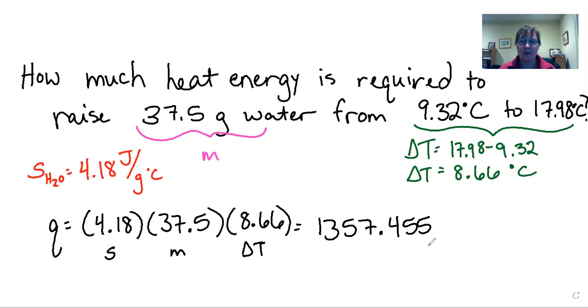Our grams cancel and our degrees cancel, so the units will be joules. However, looking at the numbers, 1, 2, 3, 1, 2, 3, I can only have 3 significant figures. So with significant figures, this becomes 1,360 joules.